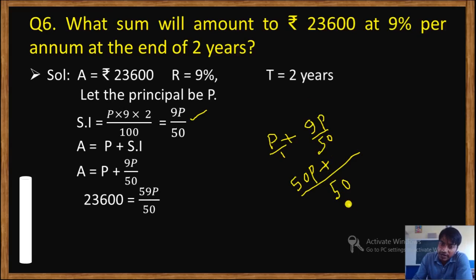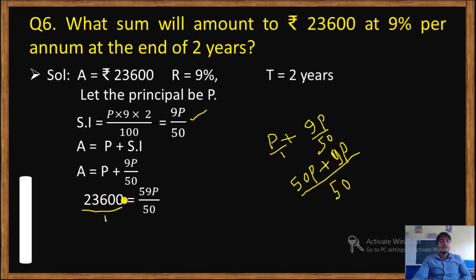So when you divide, you'll get 1 into 9p, then you'll get here 9p. When you add, you will get 50 plus 9, 59p by 50, okay. Now here also you can give 1. This is the value of amount, okay. Here also you can give 1.